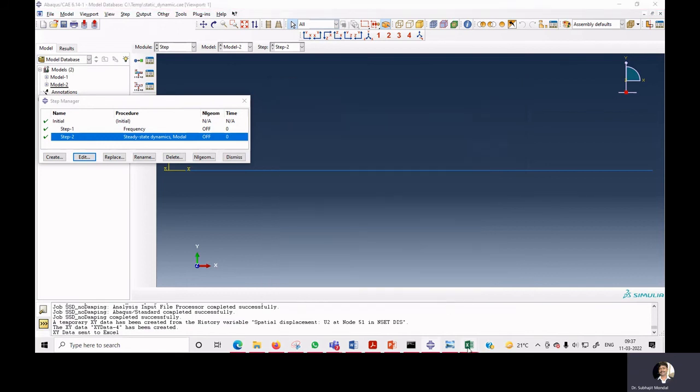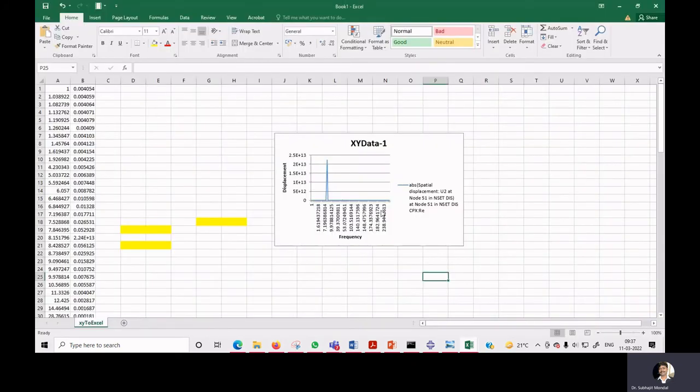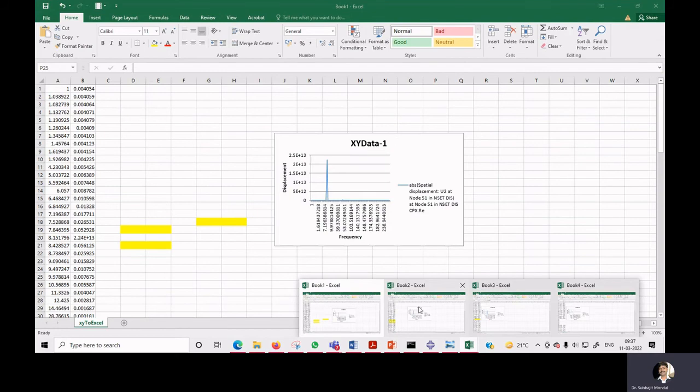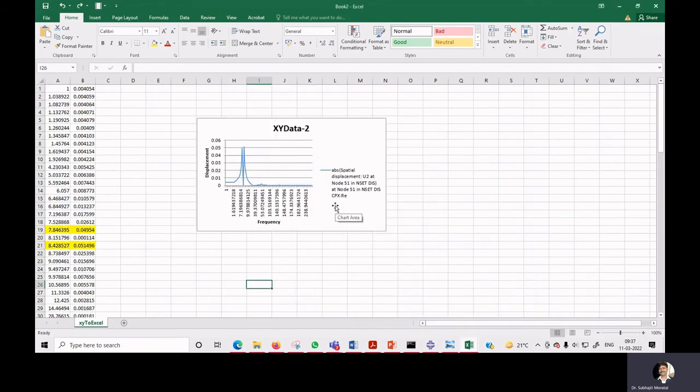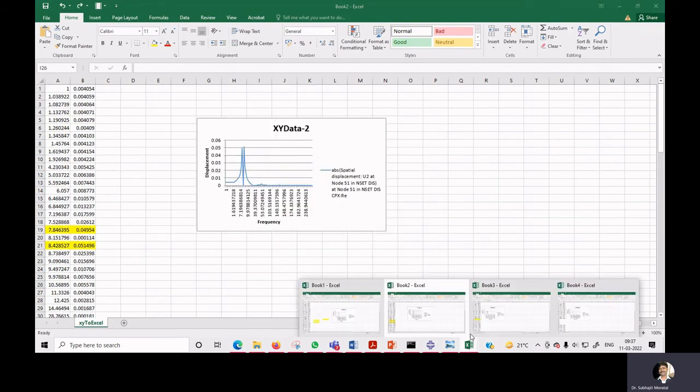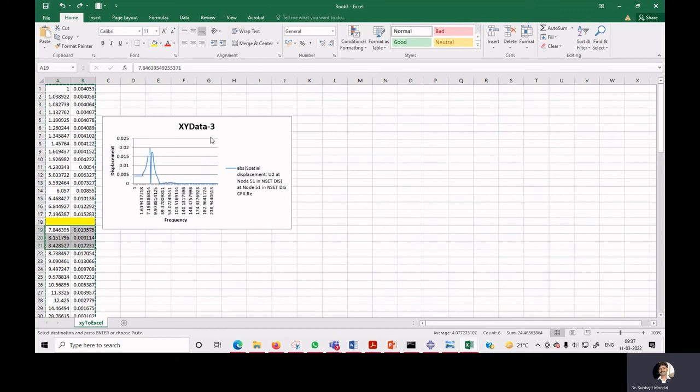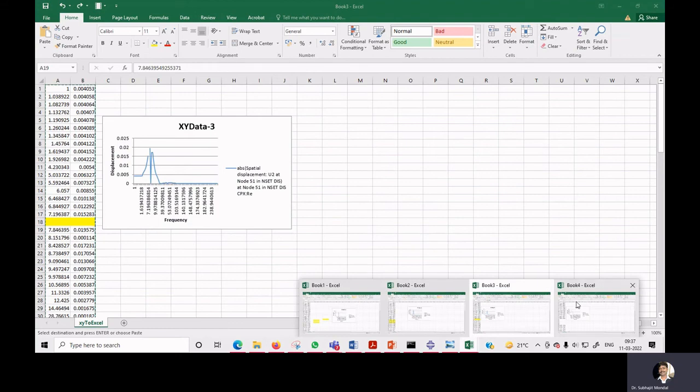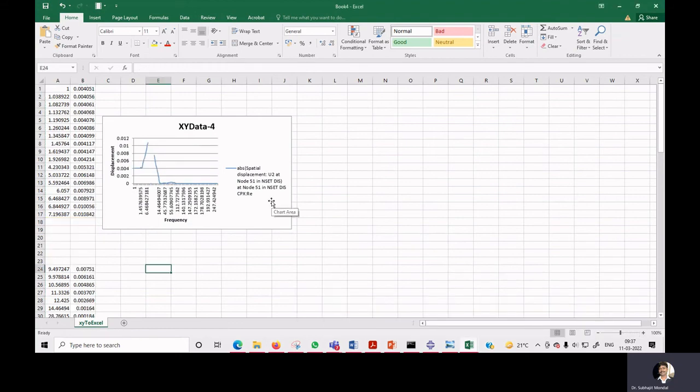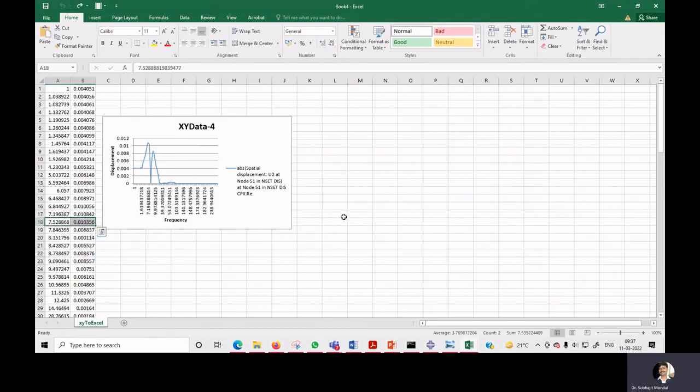So we have 4 data sets: XY data 1, that we have created for the undamped system, and then XY data 2, that is corresponding to 0.01 damping factor, and XY data 3, that is corresponding to 0.05 damping factor, and XY data 4, that is corresponding to 0.1 damping factor.